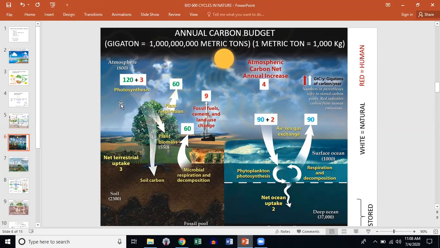Photosynthesis absorbs annually about 120 gigatons on the surface of the Earth, on the land side of Earth, all right? About 120 gigatons. How nice, how convenient, because 60 of cellular respiration from plants and 60 from microbial respiration on soil adds to 120, which is being sunk, is being absorbed, sucked up by photosynthesis, and therefore sunk by way of organic material, all right?